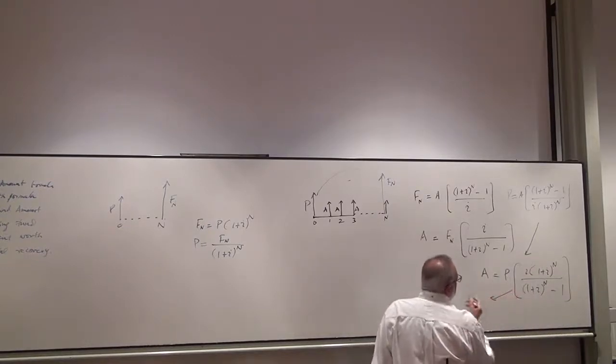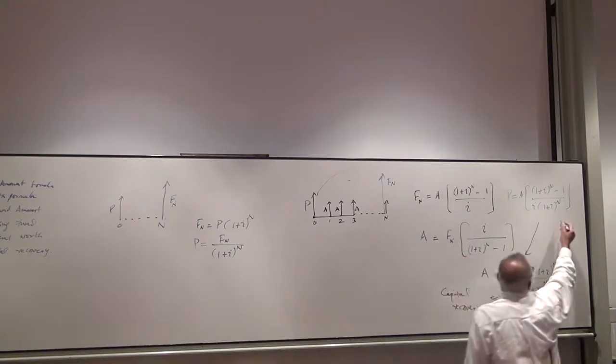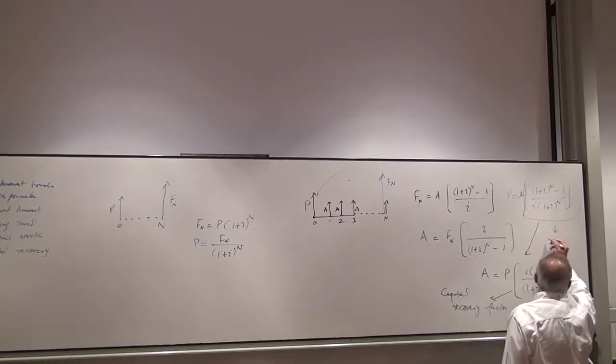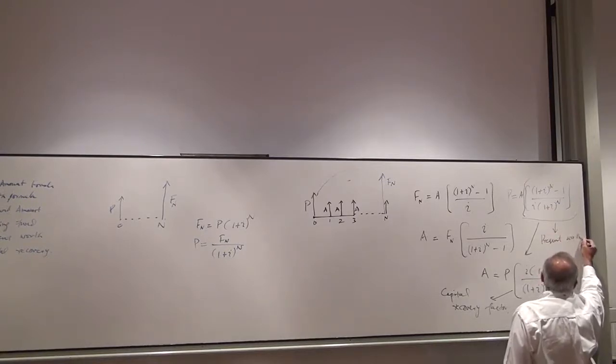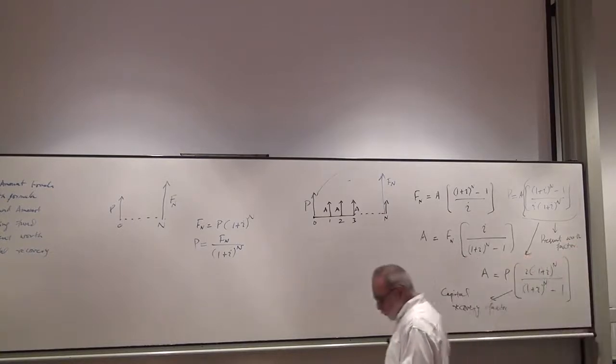This is called capital recovery factor. And within the bracket, it is called present worth factor. These two formulas are quite useful.